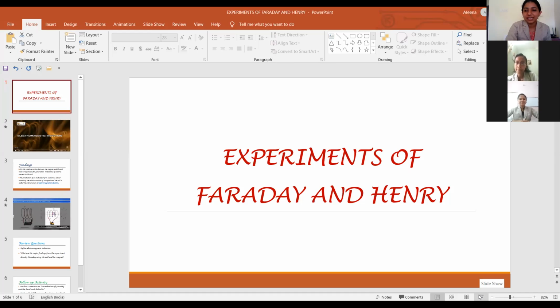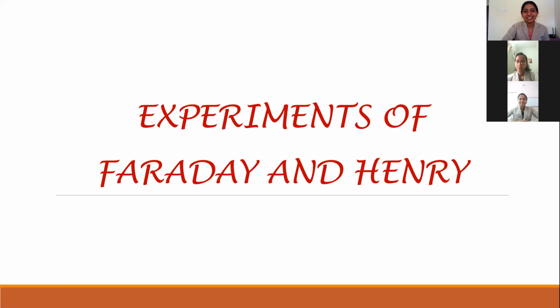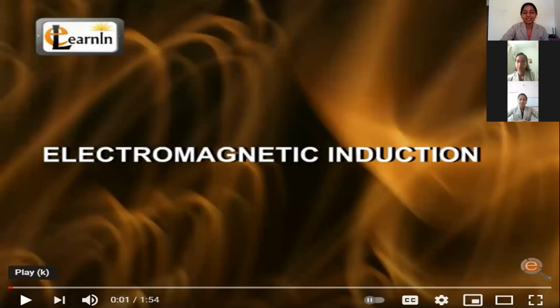So are you able to see the screen? Yes. Okay. Here we are going to describe some of the experiments done by Michael Faraday and Henry. The first experiment consists of a coil and a bar magnet.